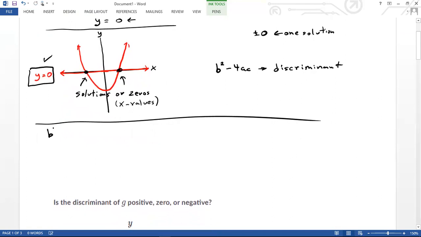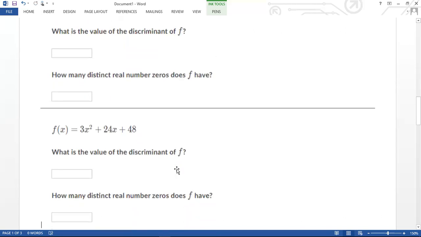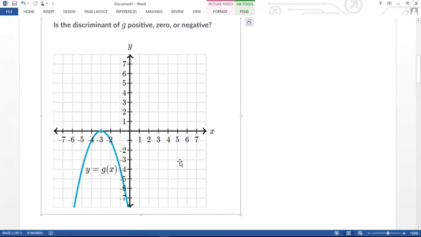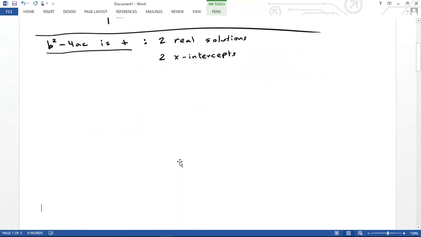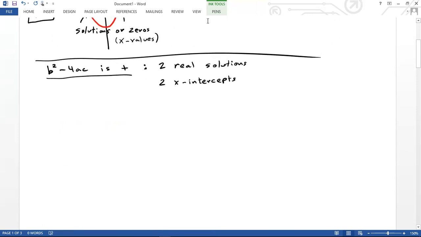If b squared minus 4ac is positive, you get 2 real solutions and 2 x-intercepts.